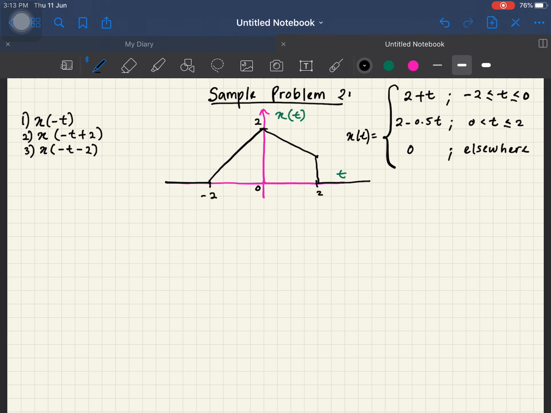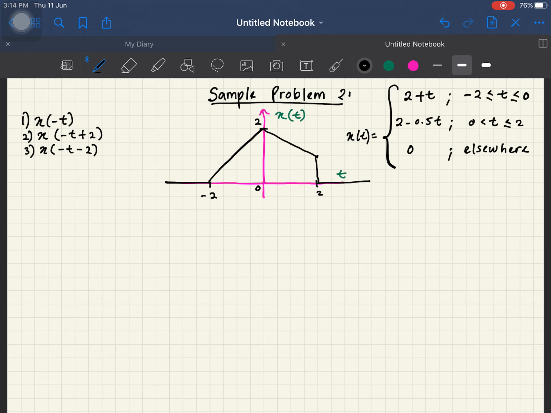Now let's look at problem number 2. You are given this graph, x of t, and you are asked to sketch x of minus t, x of minus t plus 2, and x of minus t minus 2.